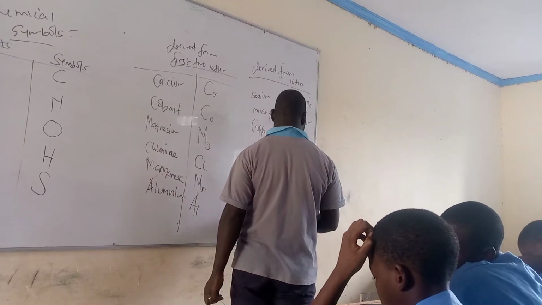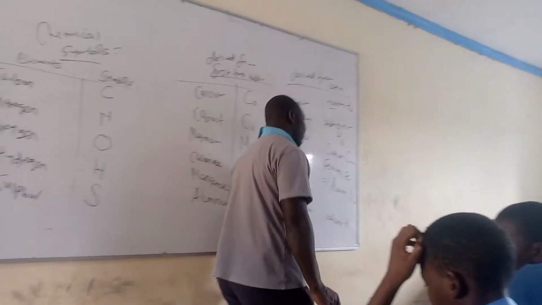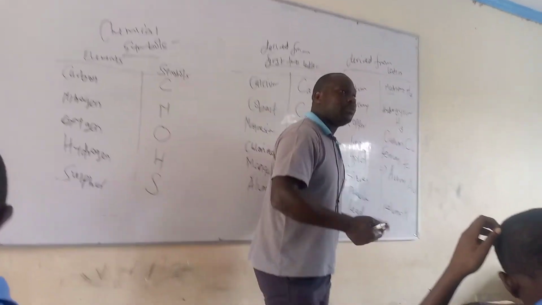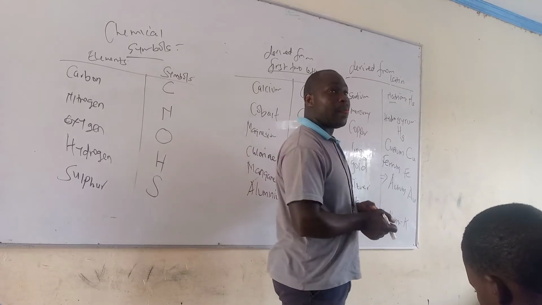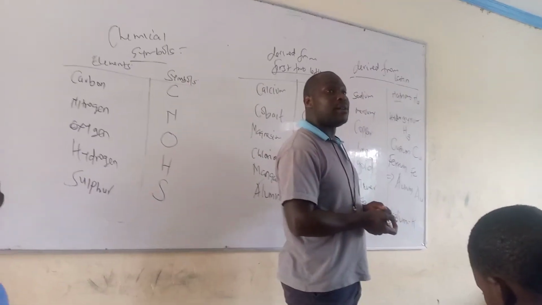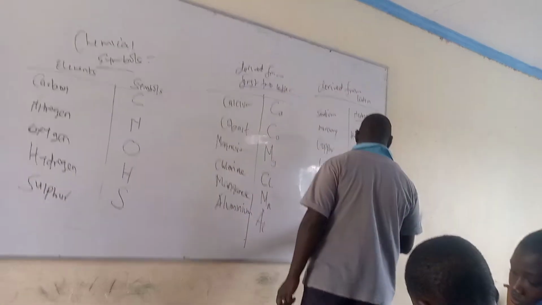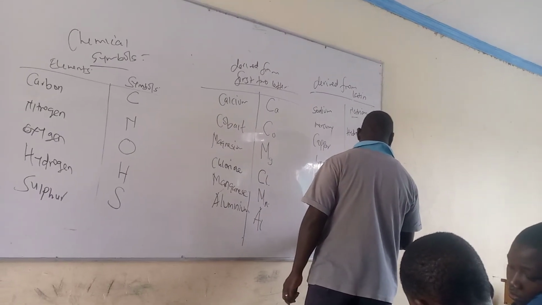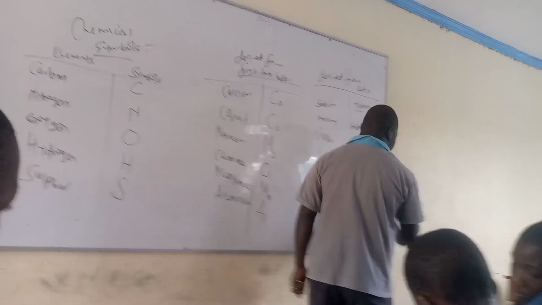And therefore the symbol will be A, U. And silver? Yes, argentum. And therefore the symbol will be A, G.